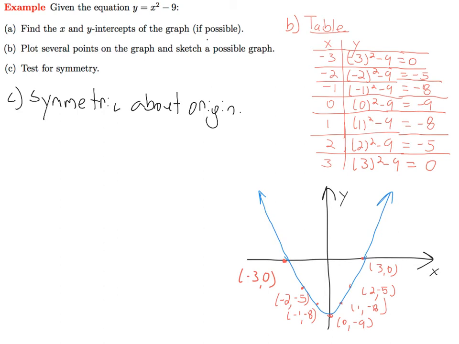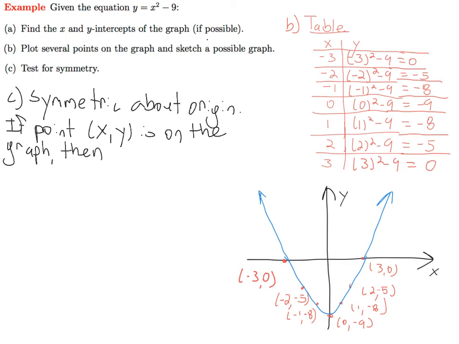And the way that we check that is if the point, say (x, y), is on the graph, then its reflection across the origin, which means we reflect both across the x and the y-axis, then this point must be on the graph.